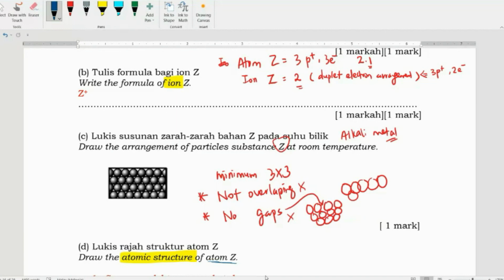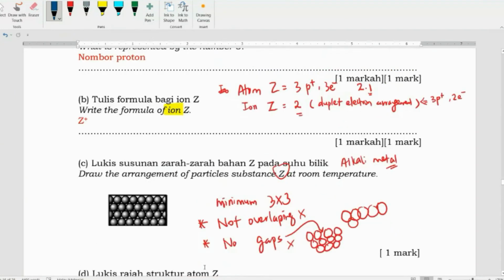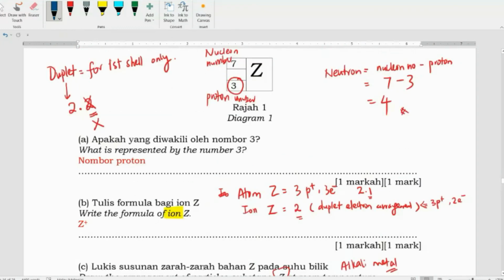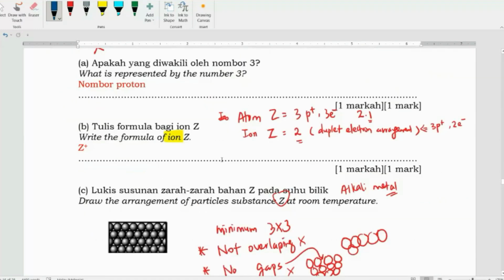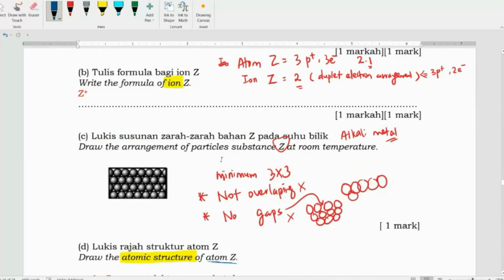You look at the number of protons and the number of electrons. So how many electrons does it have? Same as protons, right? So how many? 3. Okay, 3. So how do you arrange it?